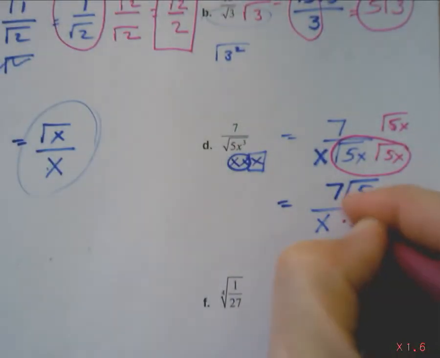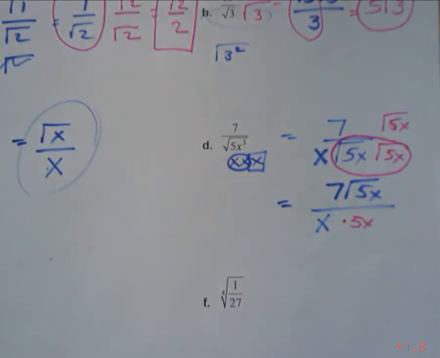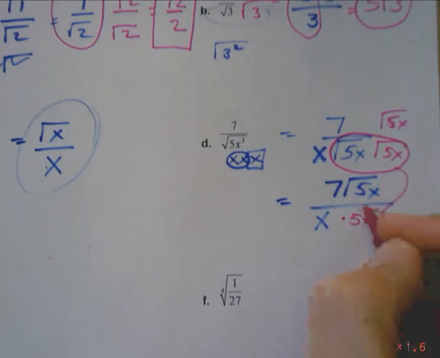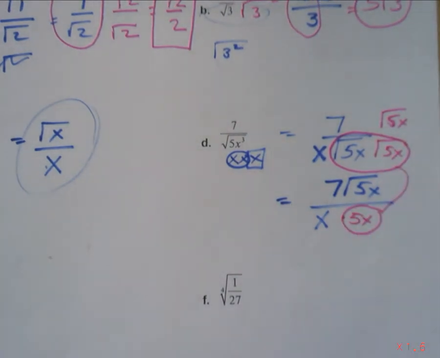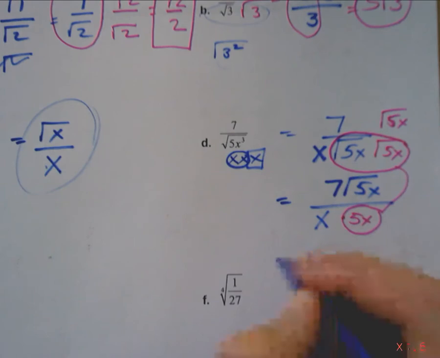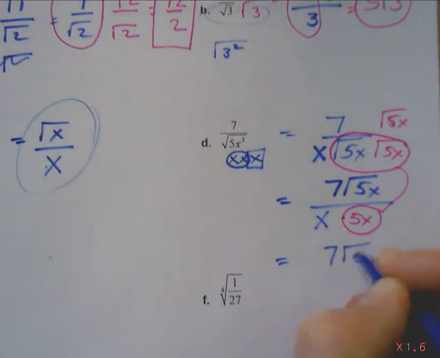So you get that times 5x. That's what I have circled here. So root 5x times root 5x is 5x. And then last but not least, we can simplify that. This is 7 root 5x over x times 5x, which is just 5x squared. This is inside of a square root.